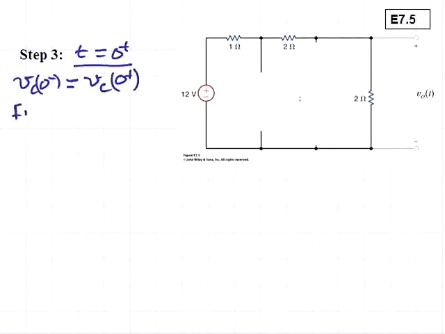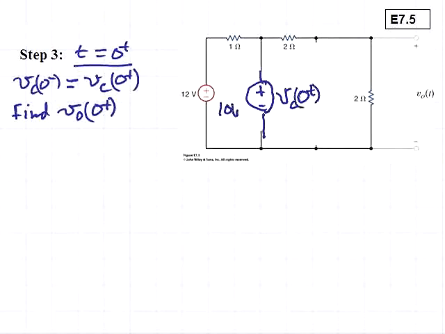And in this step, we wish to find the variable of interest at time 0 plus, that is VO at 0 plus. So in this instant, we'll replace the capacitor with a voltage source equal to its initial value at 0 plus. So this will be 10 volts.